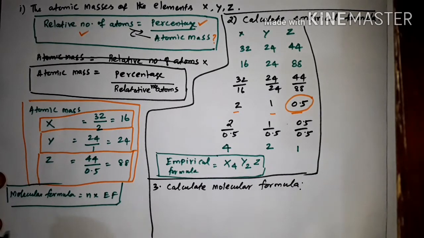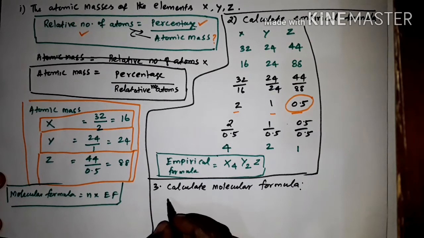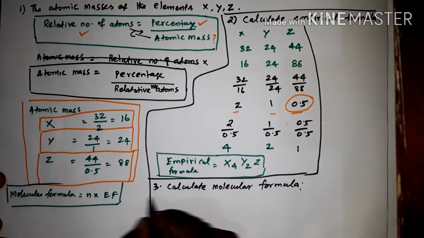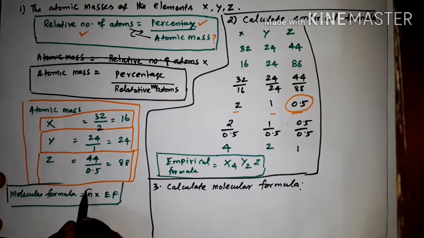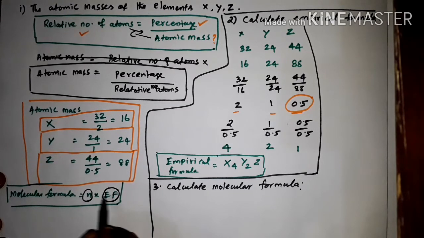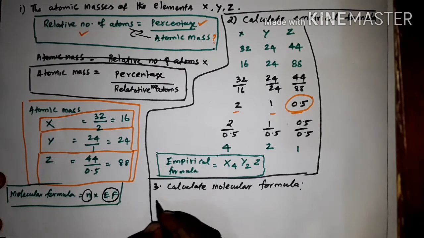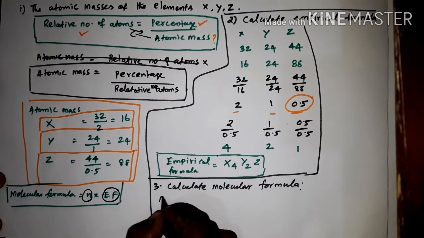So to calculate the value n, see the formula we studied for the molecular formula. To find n, we need the empirical formula mass. So first you calculate the empirical formula mass, and then you can calculate the number n. So first we will calculate the empirical formula mass.